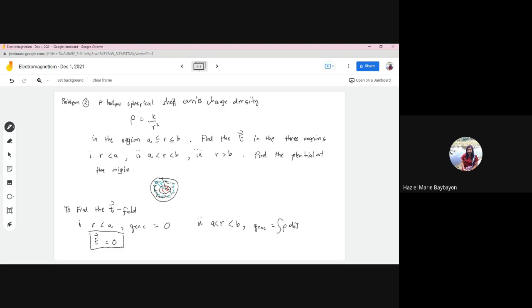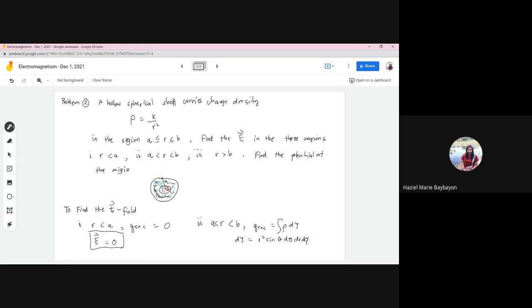This has spherical symmetry, so d tau is r squared sine theta dr d theta d phi.